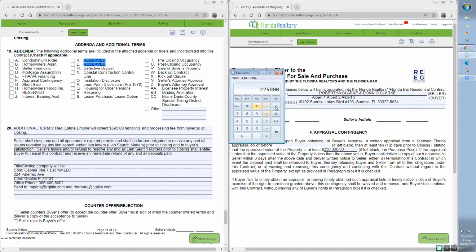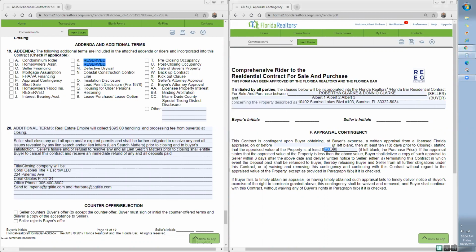So now if the appraisal came in at $240,000, because I have this appraisal contingency saying it needs to be $250,000, I can leave the contract. It doesn't matter that the bank is only having to pay $225,000. I'm telling the seller here that my loan doesn't matter. What matters is that I want to make sure that the property is worth this much money in order for me to buy it. Does everybody understand that concept?